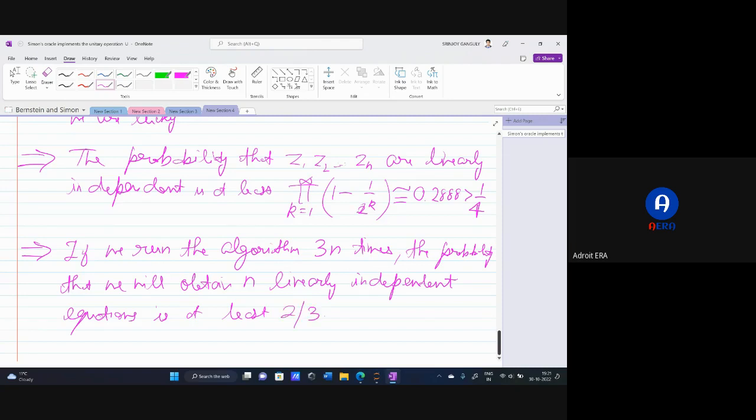At least 2 by 3 means greater than 2 by 3. That means almost 100% probability that you will definitely get about n linearly independent equations, and from that you can derive the string.